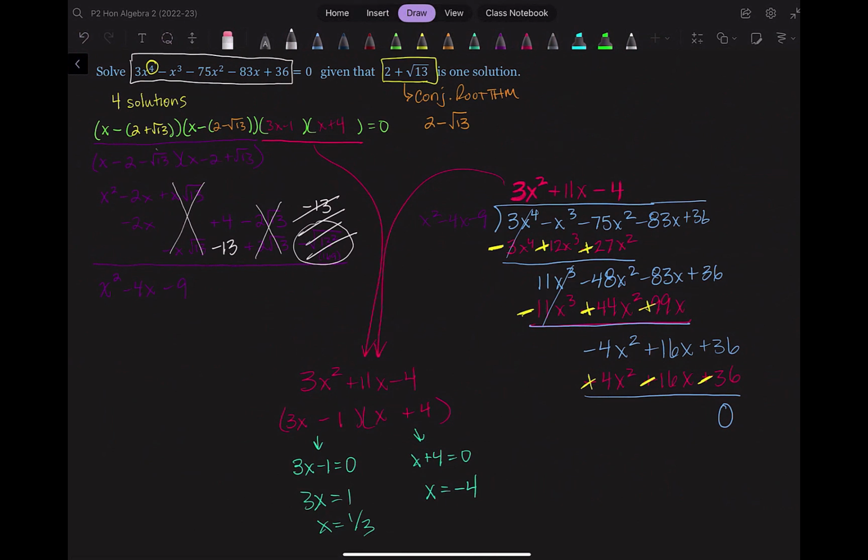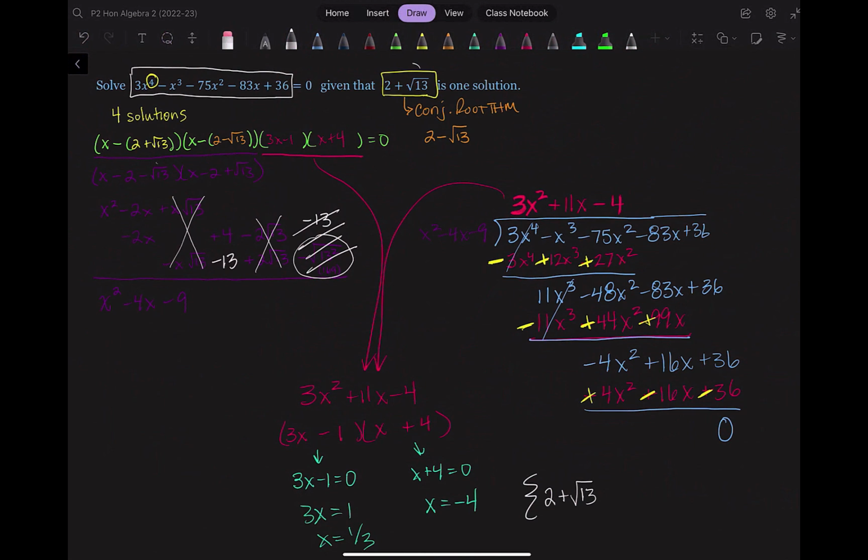We have, and maybe we should write out, that they are 2 plus root 13 given to us at the beginning of the problem. The 2 minus root 13, which we figured out using the conjugate root theorem. I can also combine both of those into the same expression, 2 plus or minus root 13. And then we also have a 1/3 and a -4.